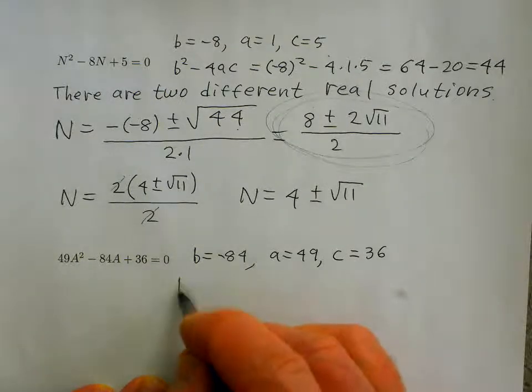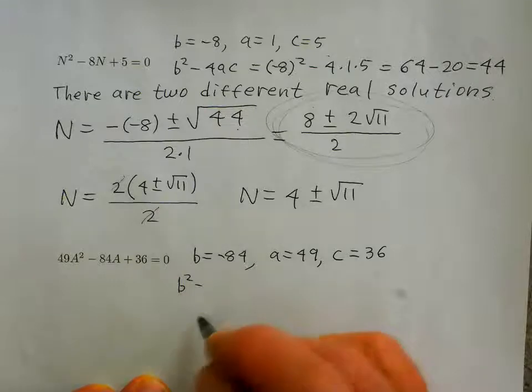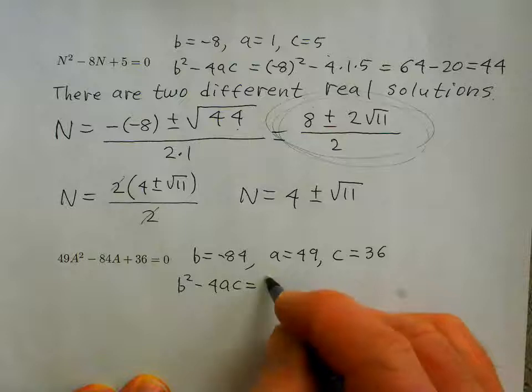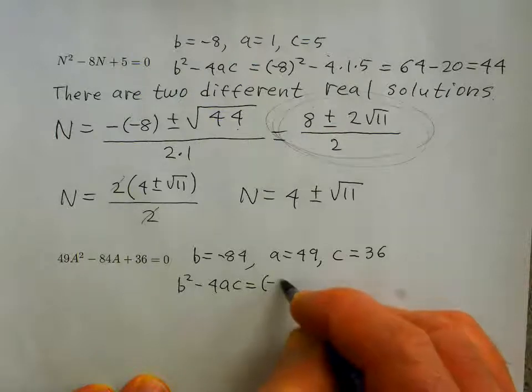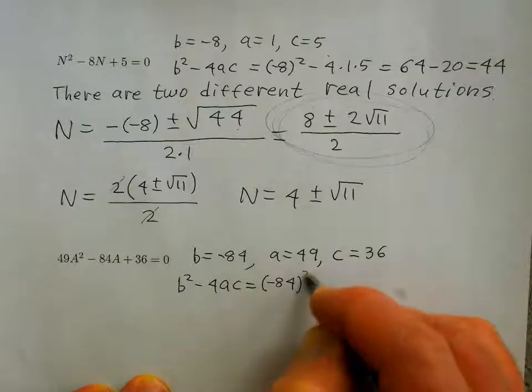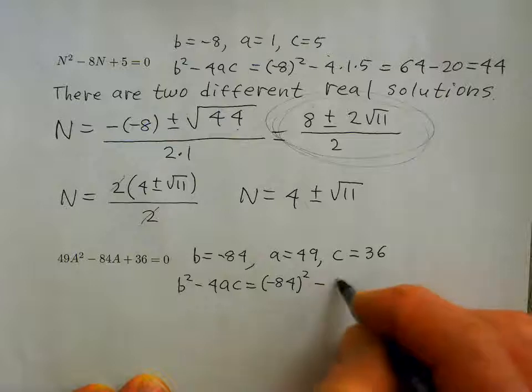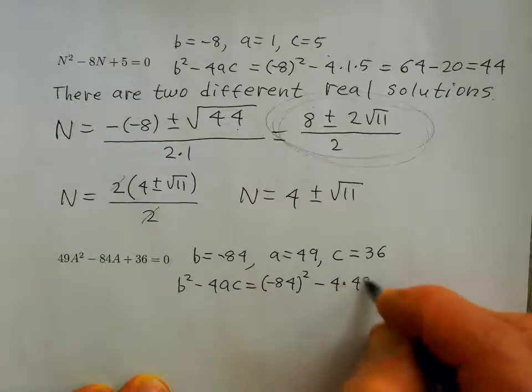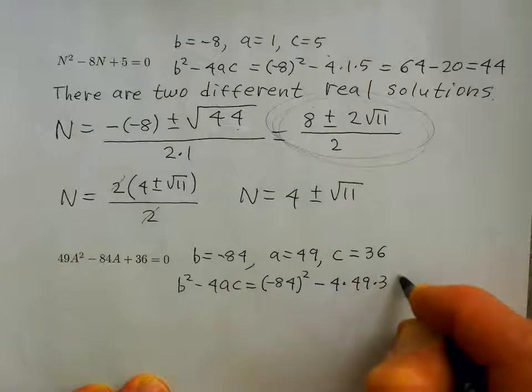Okay, so b to the second minus 4ac is the number negative 84 squared minus 4 times 49 times 36.